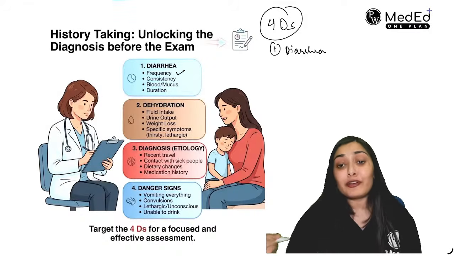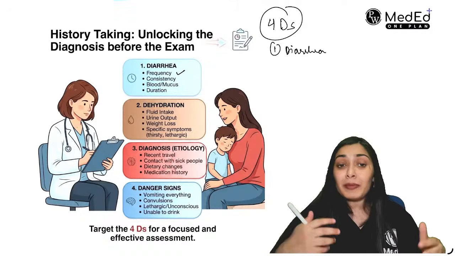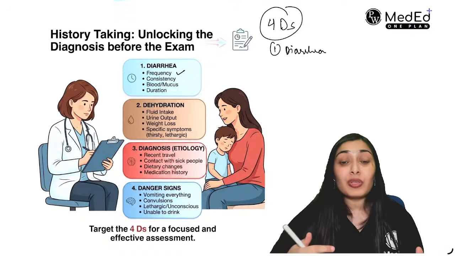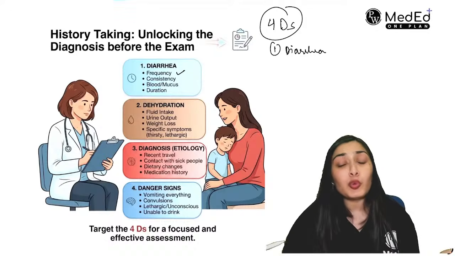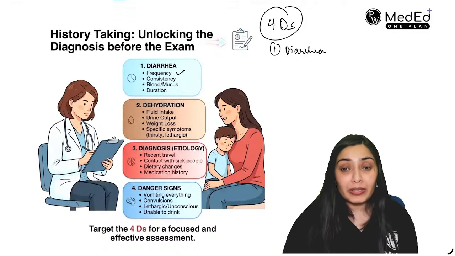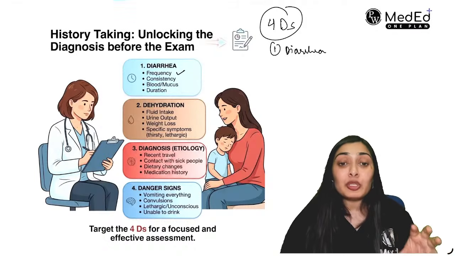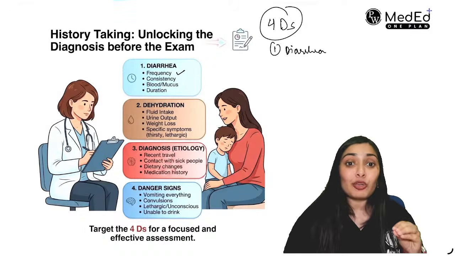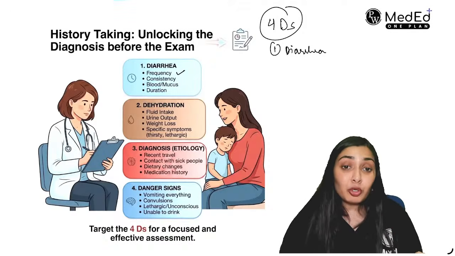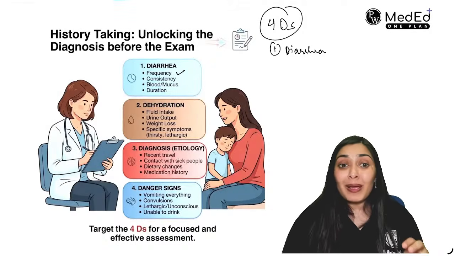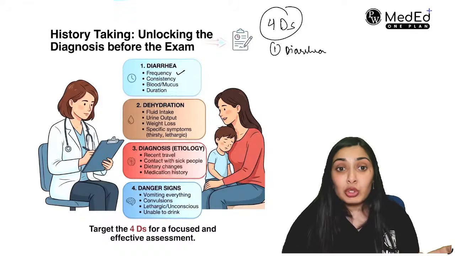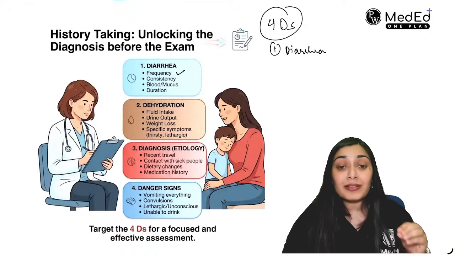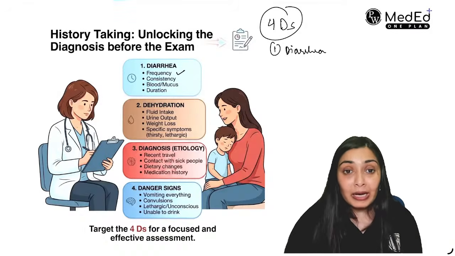Second is dehydration status. Some things come in the examination part, but some things you can actually ask the caregiver. What are you going to ask? Firstly, ask about the fluid intake, whether this child is able to take fluids or not, whether this child is continuing the breastfeeding or not. Ask about the urine output, whether the child is passing adequate urine or not, whether there is oliguria or not. Oliguria, if there is a danger sign, is a major red flag, right?